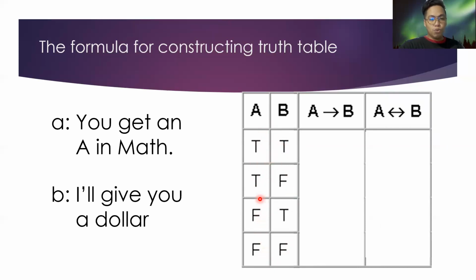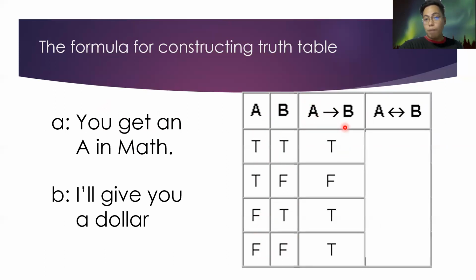Here again, we have true, false, and false for A and B. If we say "if A, then B," we are saying that once the first statement A is fulfilled, you have to give your promise, that's the B. If the condition is met, you have to perform B. For example, in our statement: if you get an A in math, then I'll give you $1. That's the condition.